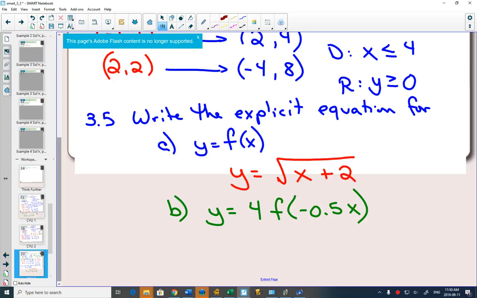And what this is really going to practice is your understanding of function notation. So up above, we wrote the explicit equation, y equals square root of x plus 2. Or, since that was what was equal to f of x, we could say that f of x is equal to the square root of x plus 2.